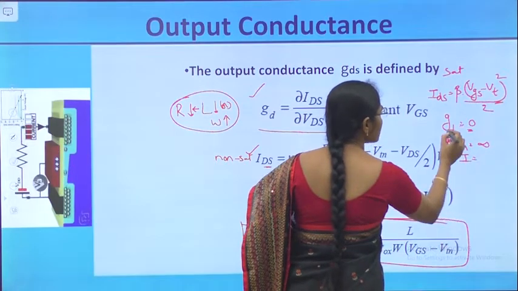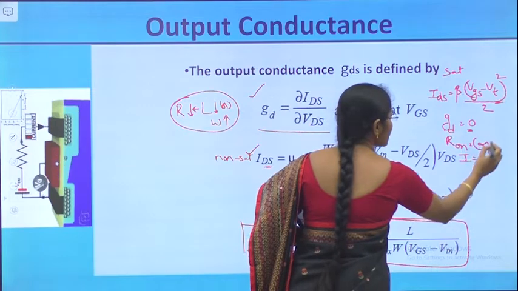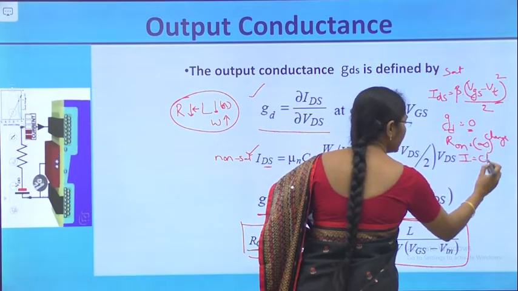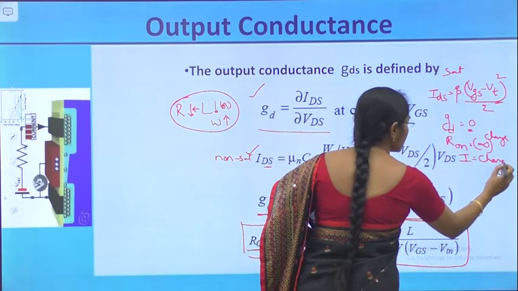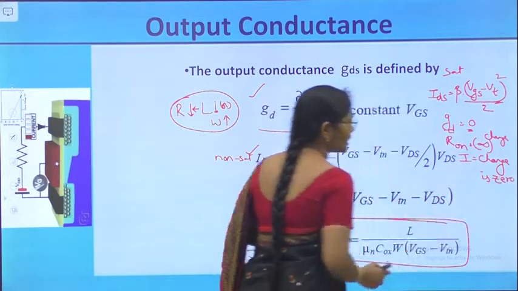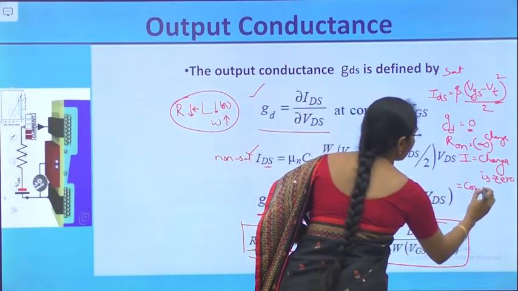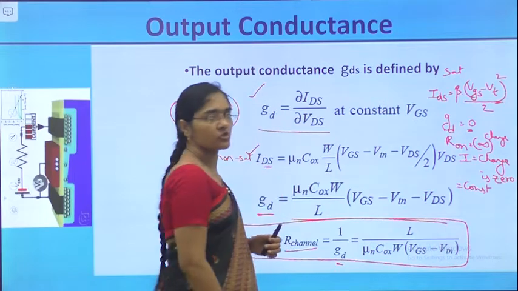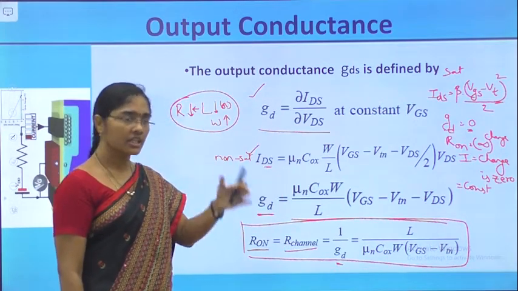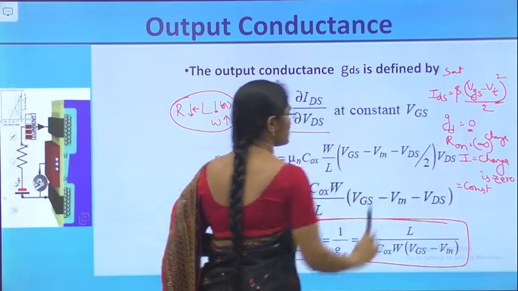Here GD represents the change, and the resistance is infinity, so the change in I is 0. Change in I is 0 means I is simply constant. So in the saturation region, the current is constant. That can also be defined with respect to this GD value.